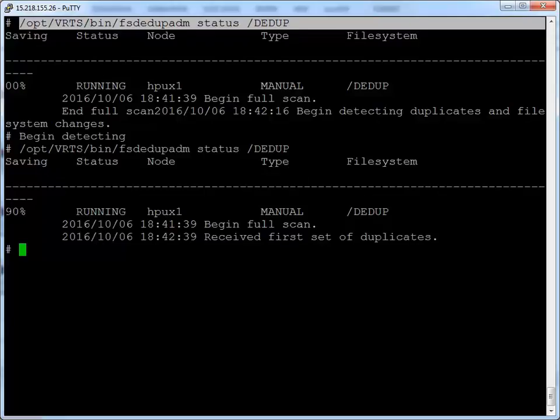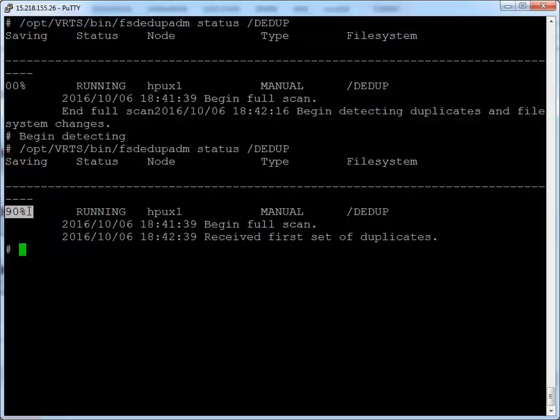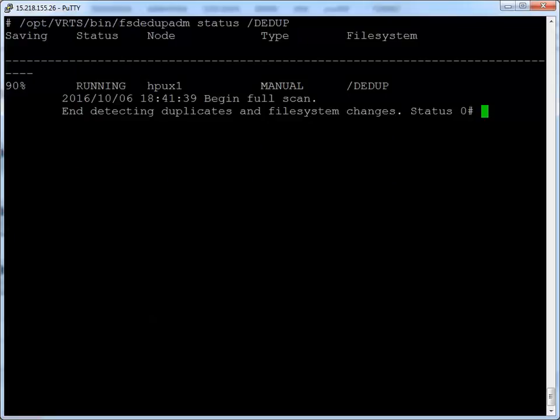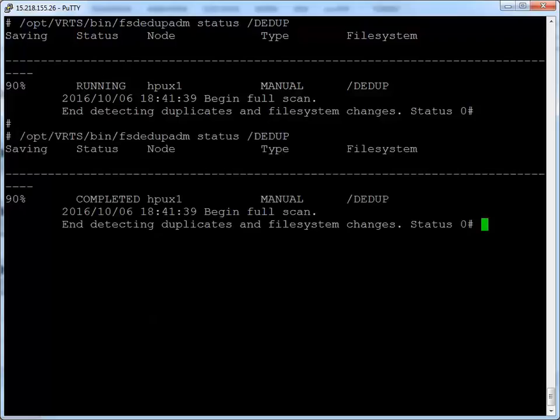After some time, we can keep checking the status to see how much space savings have been achieved. Now you can see that the status is completed and we have around 90% space savings.